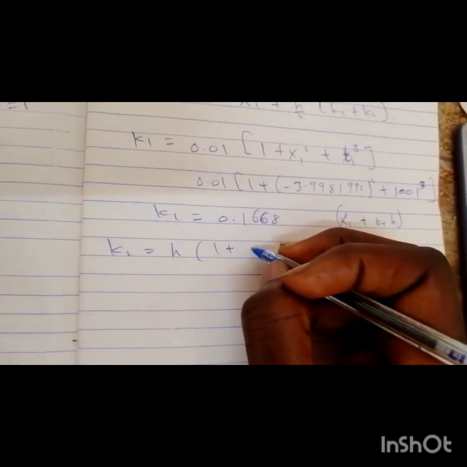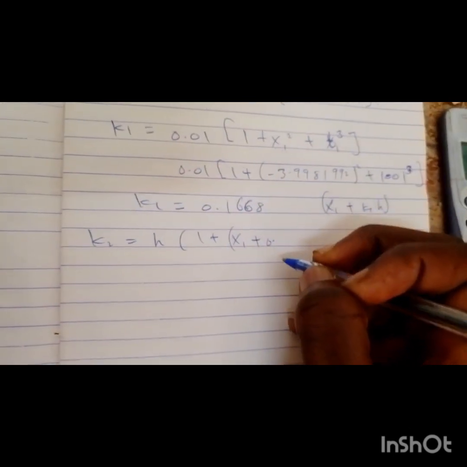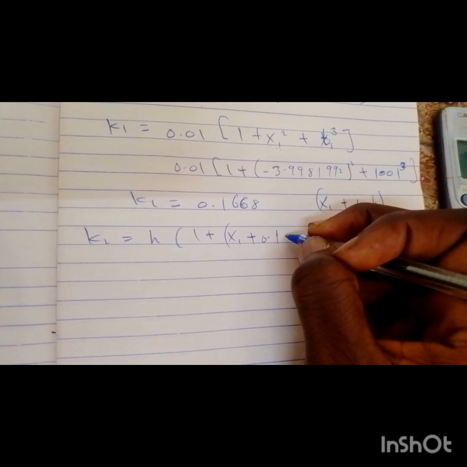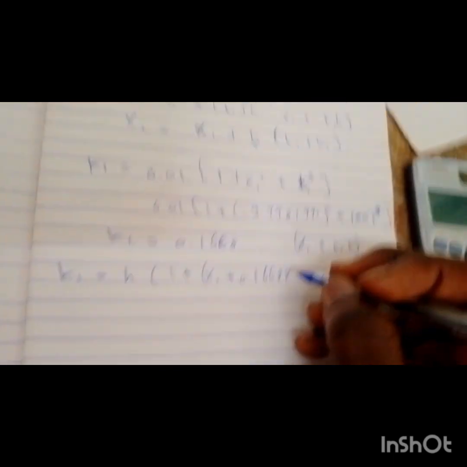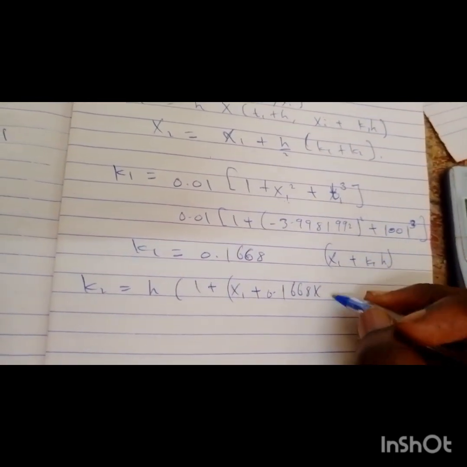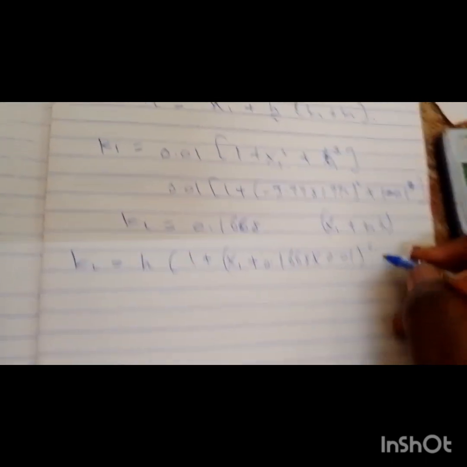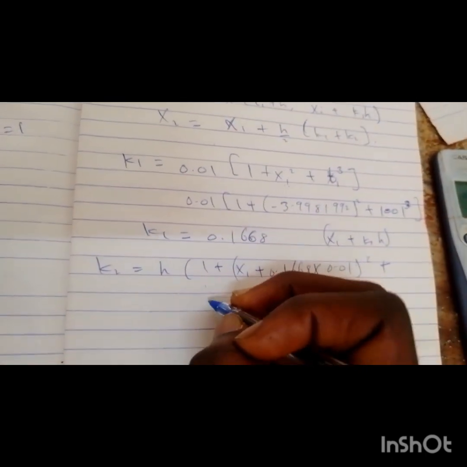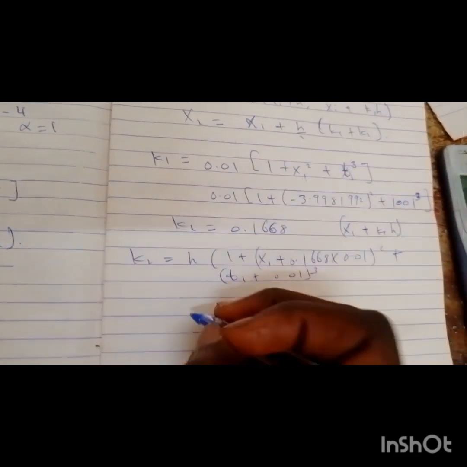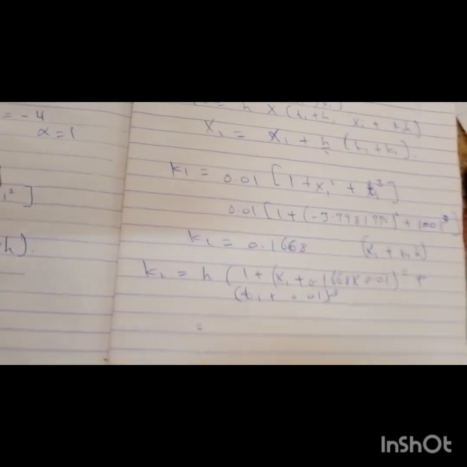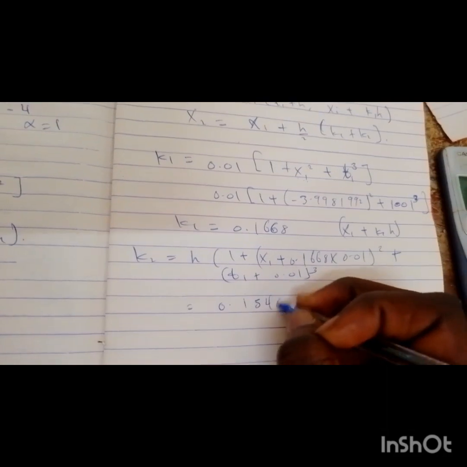So that will be x1 plus 0.1668. I'm really hoping the values in the slides are correct. I'm just trying to make the video shorter. Times the h, which is 0.01, and then squared, and then you add your t1, so t1 plus h, so t1 plus 0.01. Then you do this calculation and you end up with 0.1546, right?